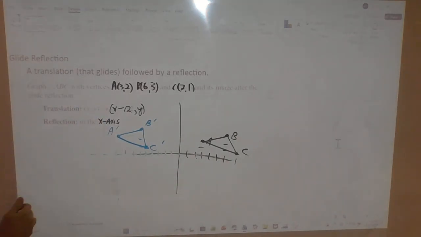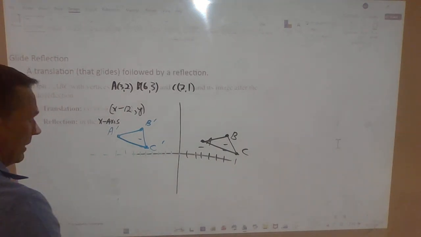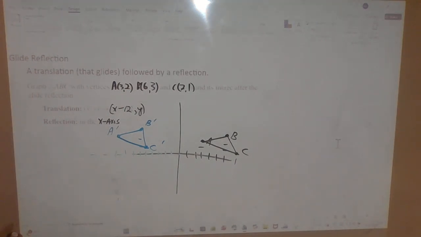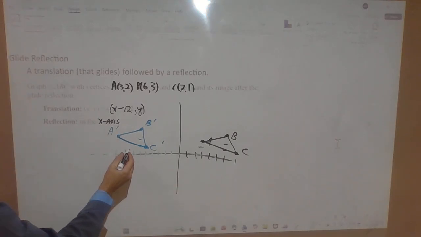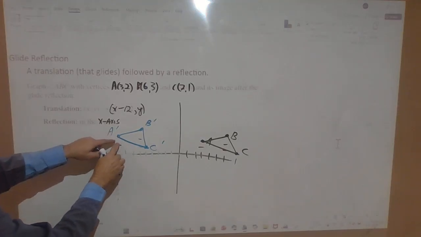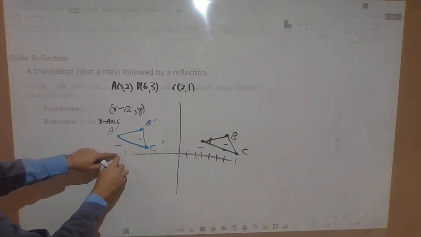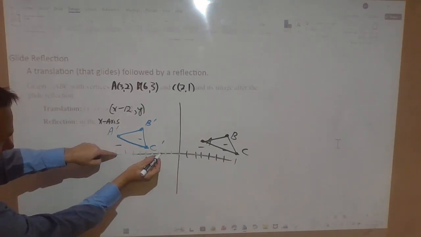Now this is different because we don't have any points directly on that line of symmetry or that line of reflection. So we can start with this, which is 2 points away from the axis of symmetry, or the x-axis.